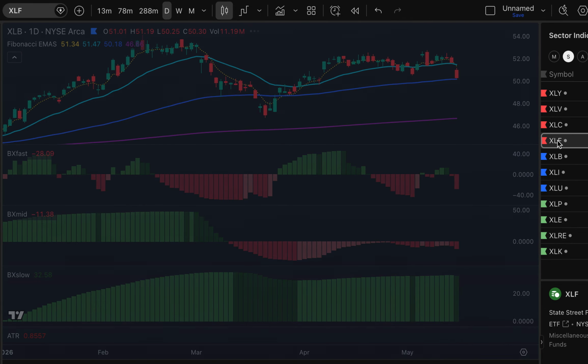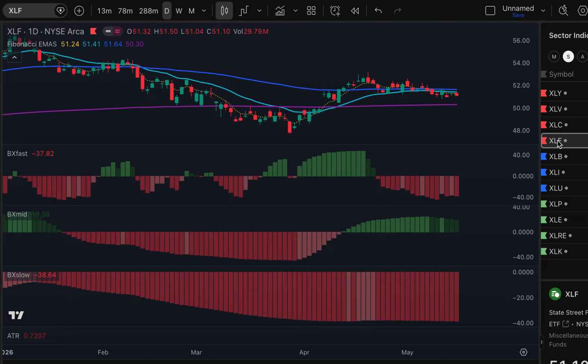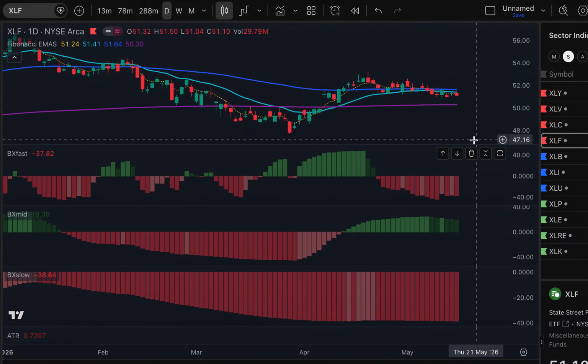Next is the financial sector, XLF. You can see the long-term momentum is in the deep red. Midterm momentum was trying to gain some steam in late April, early May, and then now it's starting to fade.